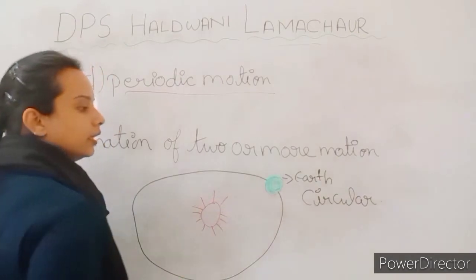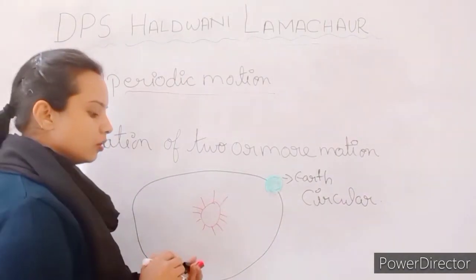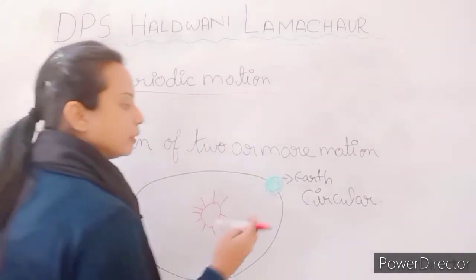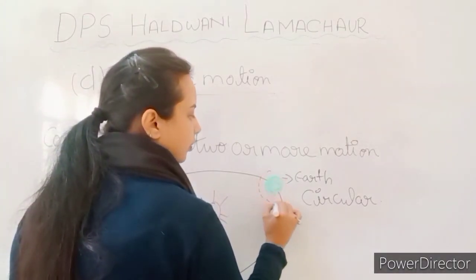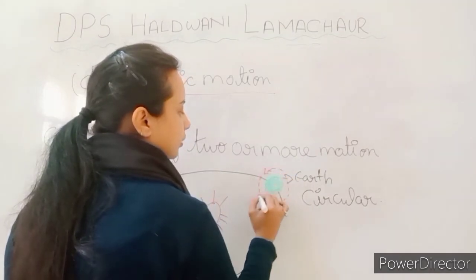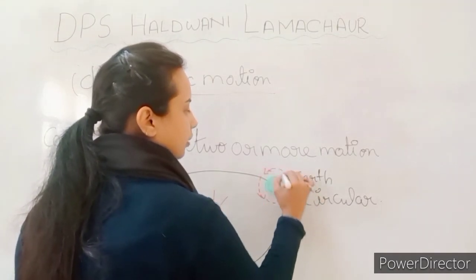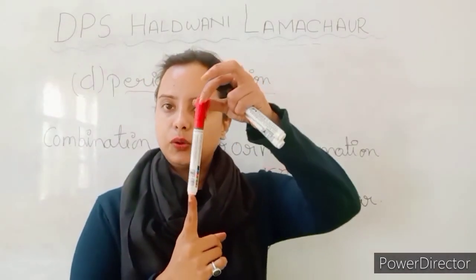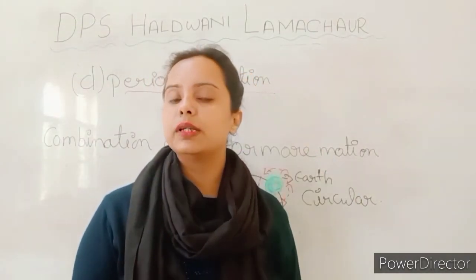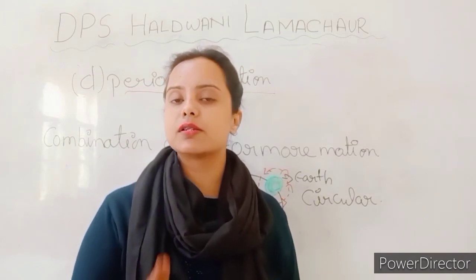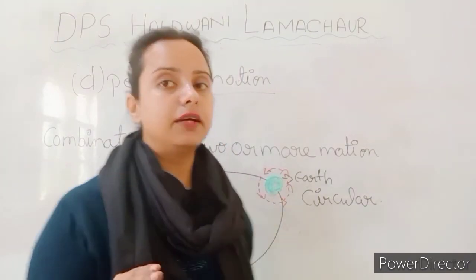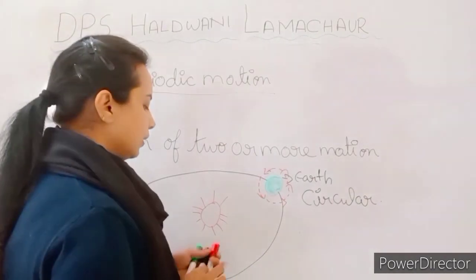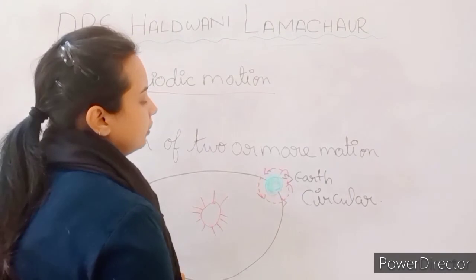And the earth also rotates on its own axis, like this. I have told you that when any object rotates on its own axis, then that object is showing rotational motion.